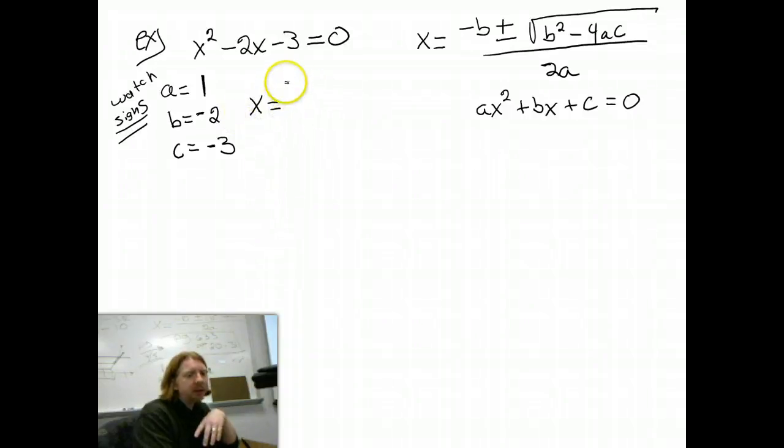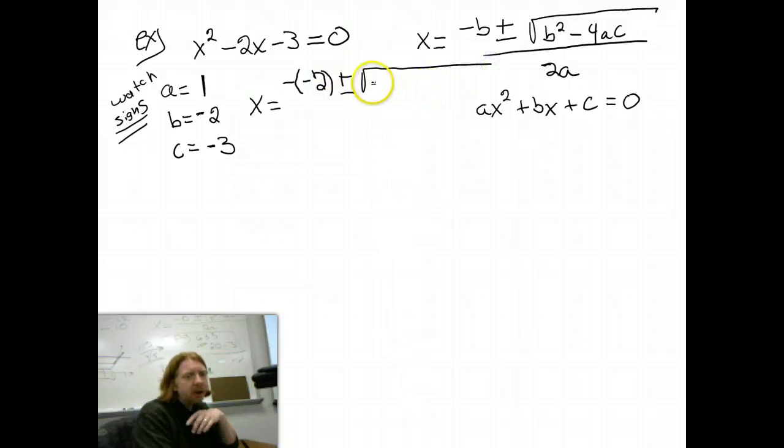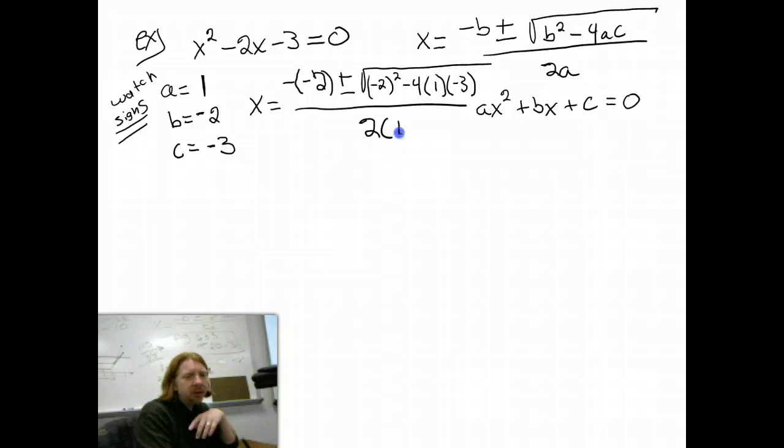So x is going to be negative b plus or minus the square root of b squared, so negative 2 squared, minus 4ac, all of that divided by 2a.